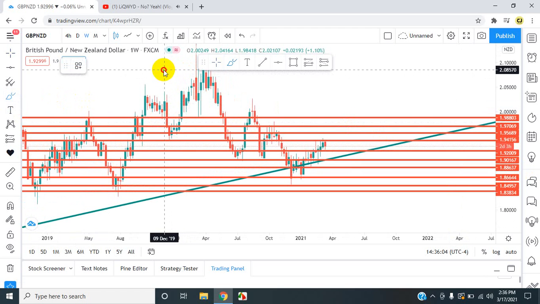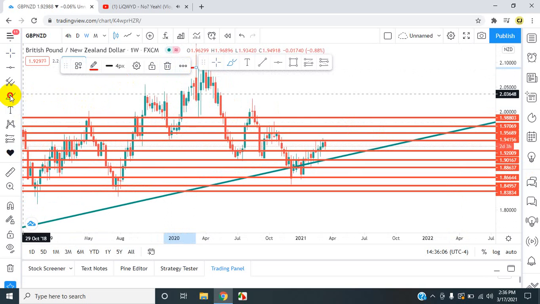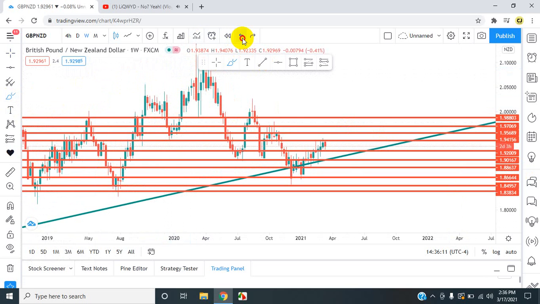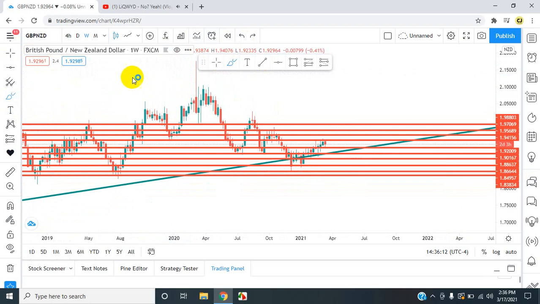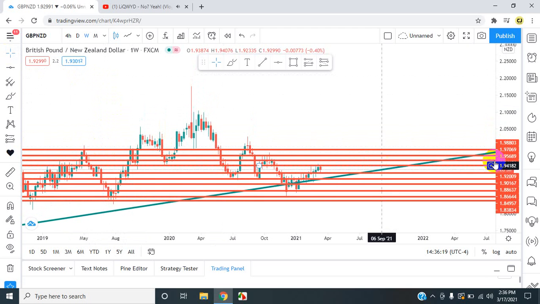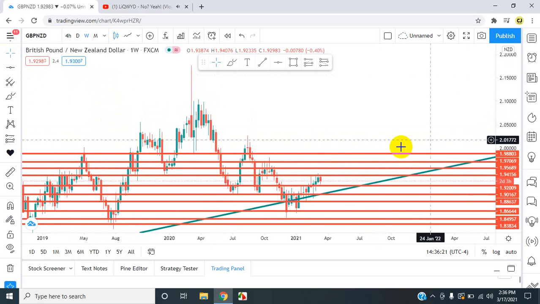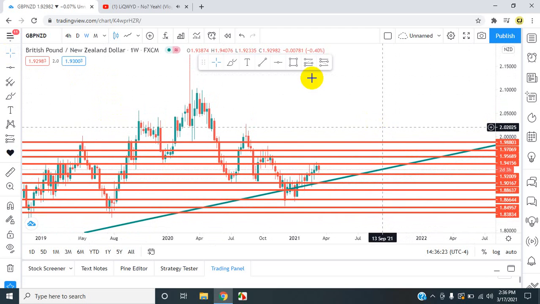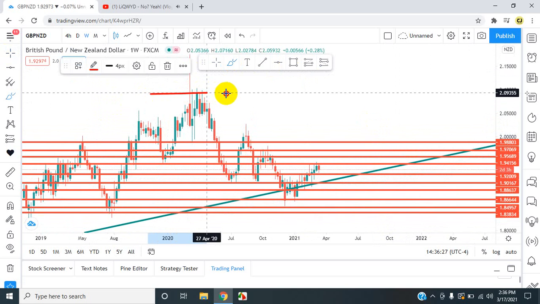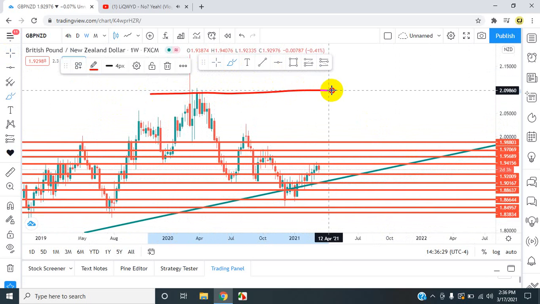This is the price right here, let me clear this back. Okay, so this is the area of high highs where price is trying to return to.